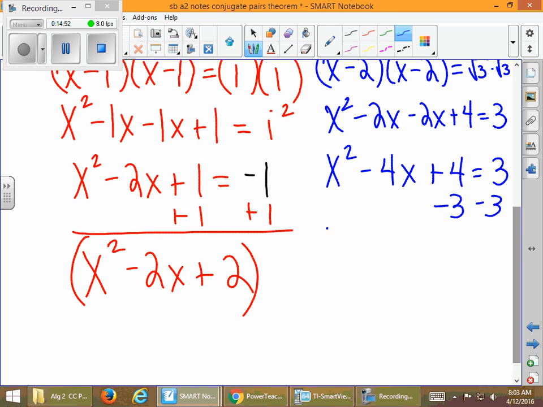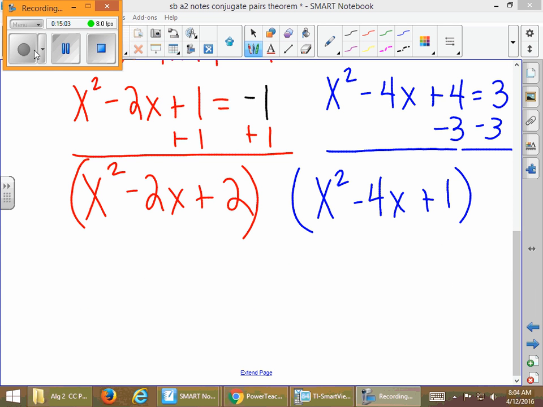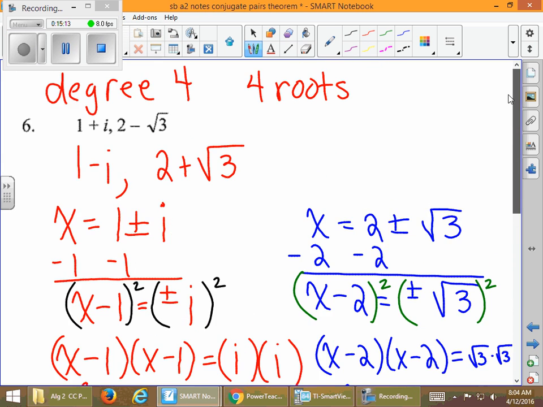We subtract 3 from both sides. We get x squared minus 4x plus 1. So now we have our two polynomials. And we're going to multiply these together to get our final answer of degree 4.